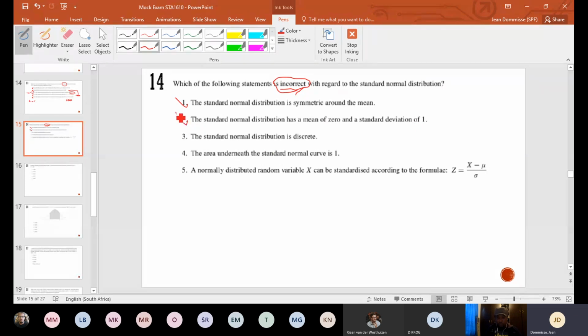That is correct. The standard normal distribution is discrete. That is incorrect. It's definitely not discrete. The area underneath the normal curve is 1. That is correct. A normally distributed random variable x can be standardized according to a formula, which is correct. Okay, so the incorrect one is that one. The standard normal distribution is definitely not discrete.